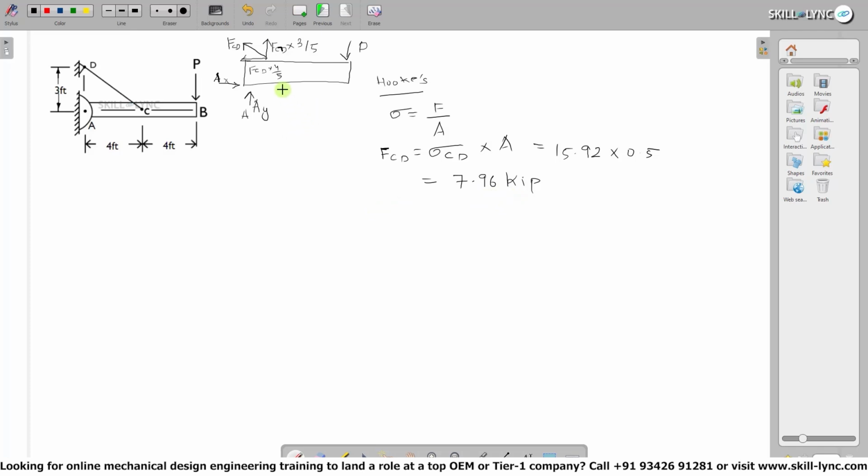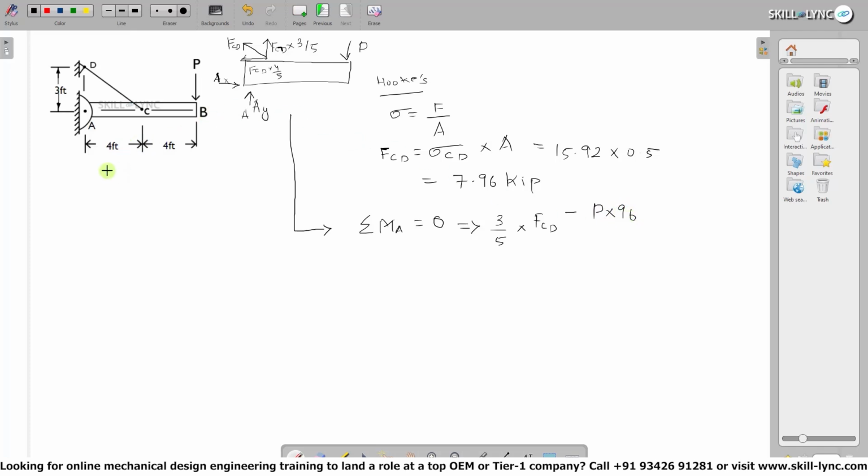So now, why did we draw the free body diagram here? To get our load value. To get the load value, we are going to use the equilibrium equation. The summation of all the moments will be equal to 0. So we can write it as 3 by 5 into FCD minus P into 96.